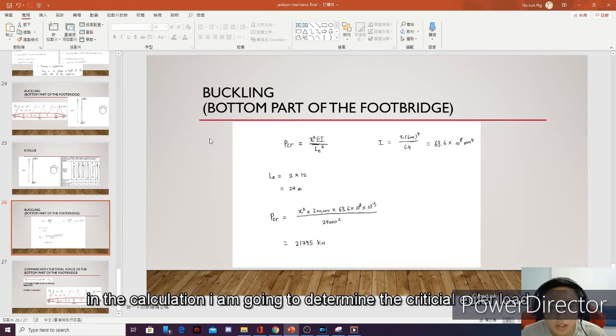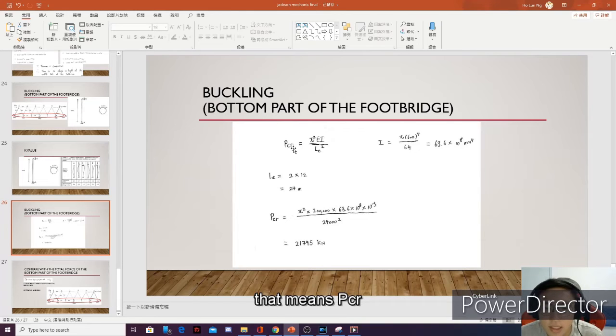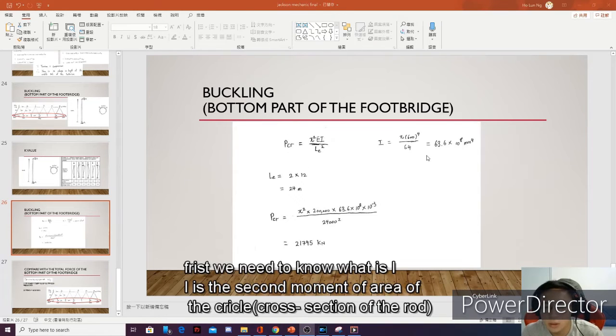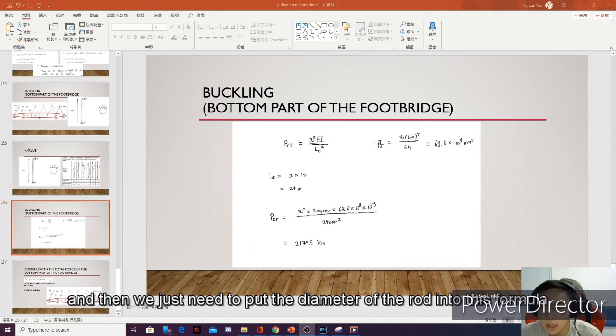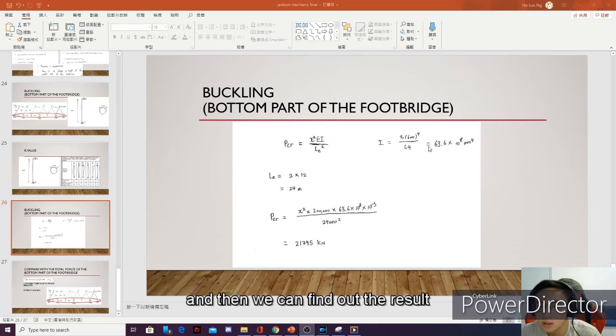In the calculation, I'm going to determine the critical Euler load, that means PCR. First, we need to know what I is. I is the second moment of area of the circle, the rod, and you just put the diameter of the rod into this formula and you will get the result. Then LE is K times the length of the rod, and you will get the result.